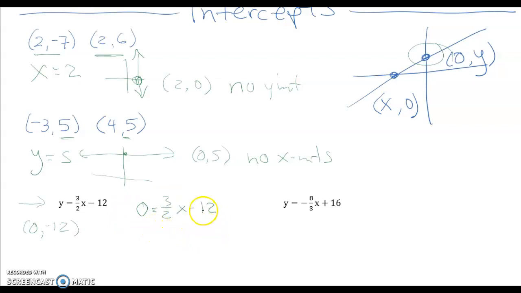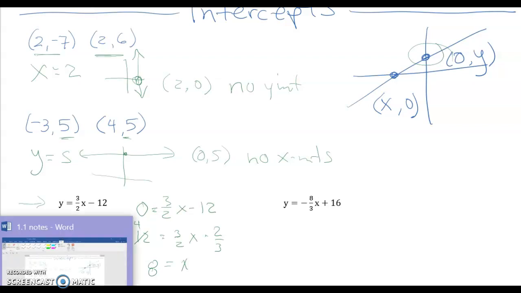All we need to do is solve this. So we're at 12 equals 3 halves x. Multiply both sides by 2/3. Let's reduce. 3 goes in there 1, 3 goes in there 4 times. x equals 8. So that means 8, 0 is the x-intercept.